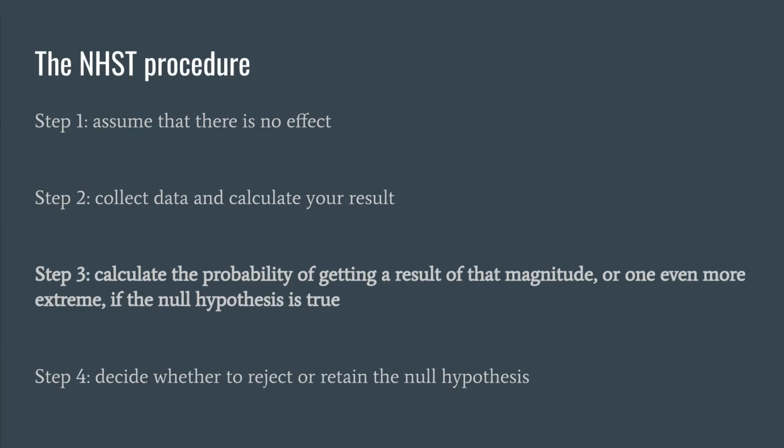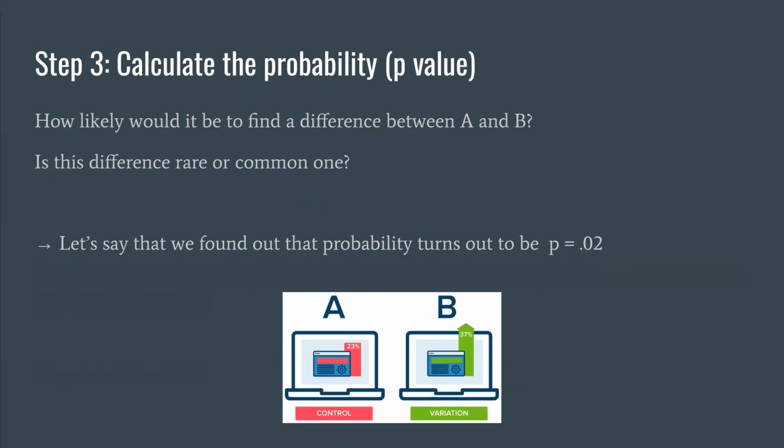And now the third step, you want to calculate the probability of getting a result of that magnitude, or one even more extreme, if the null hypothesis is true. So we will get a probability, or p-value. Let's talk more about calculating the probability p-value.